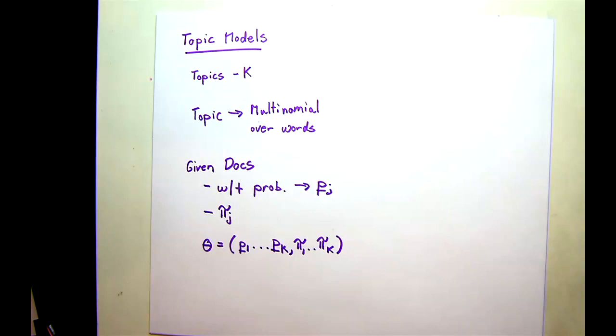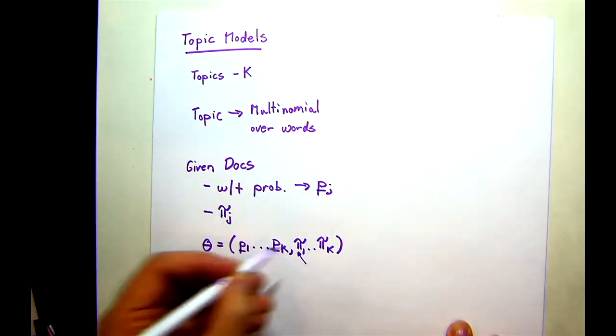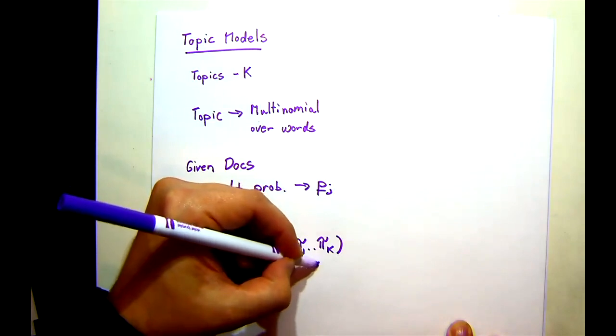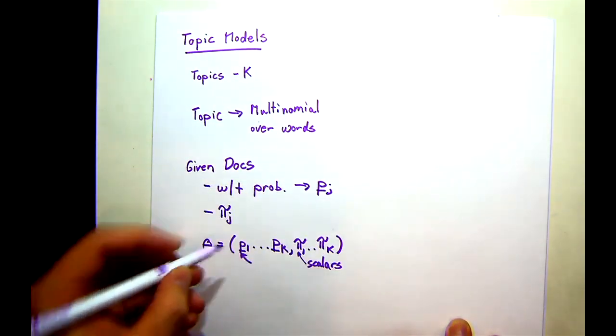They're effectively the same. For historical reasons, they're called topics. Most of the research calls it topics, but they're just clusters of documents. So you have these, which are scalars. These are vectors.